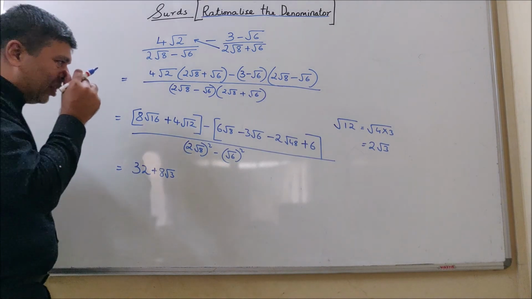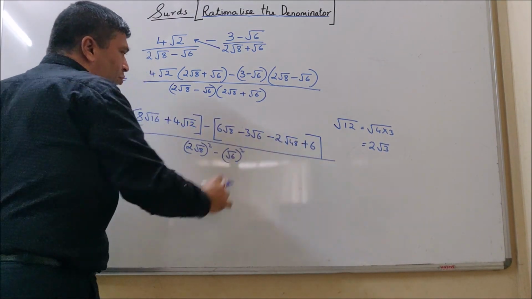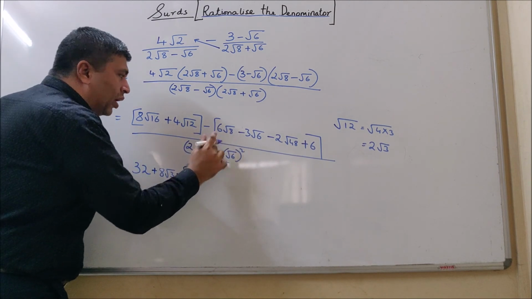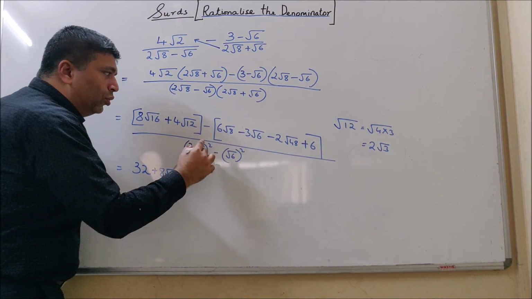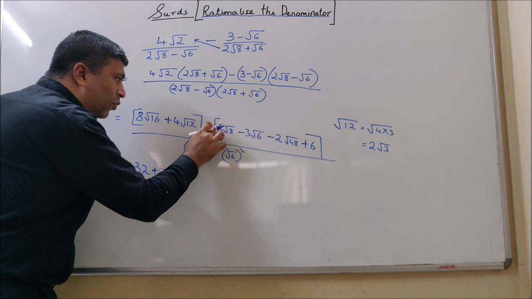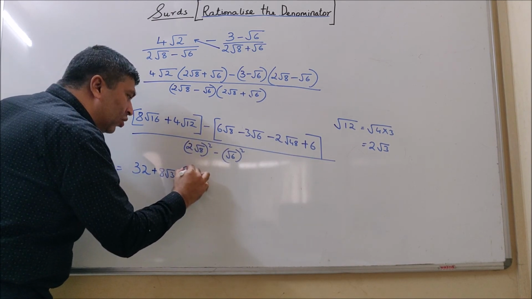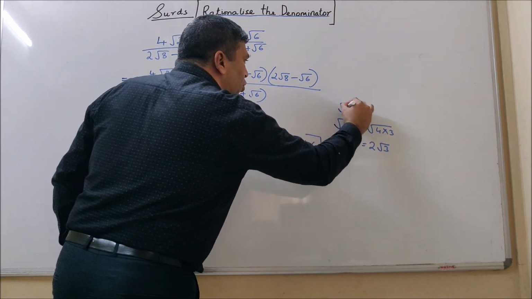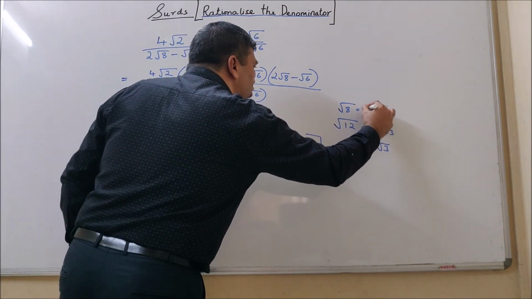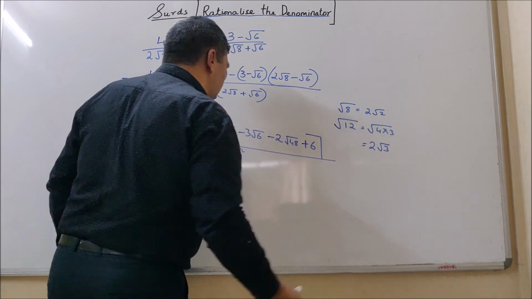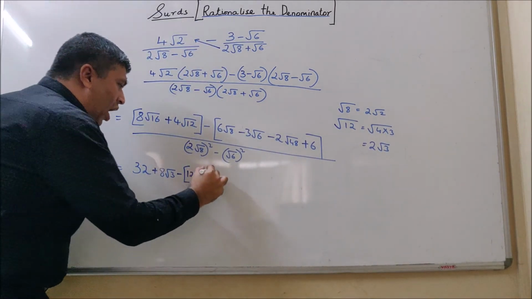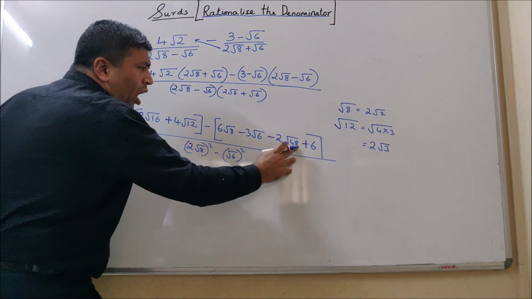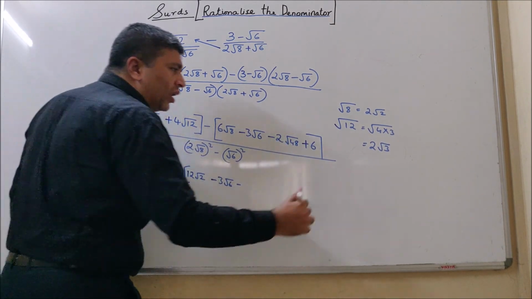Now, can I simplify these terms also? So, root 8 will become 2 root 2. It will get multiplied with the 6, so it will become 12 root 2. I repeat, root 8 is 2 root 2. Now we have 3 root 6 minus, how do I simplify root 48?